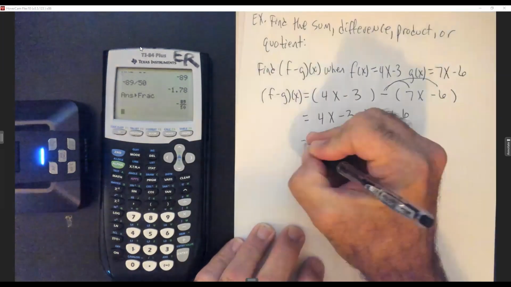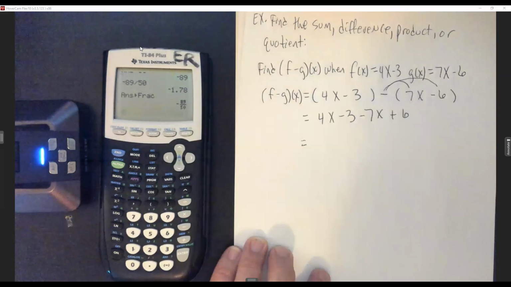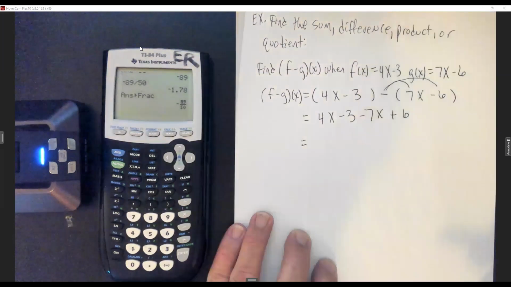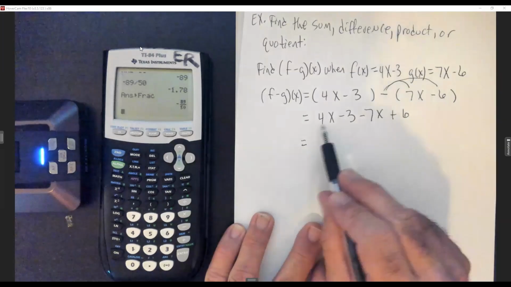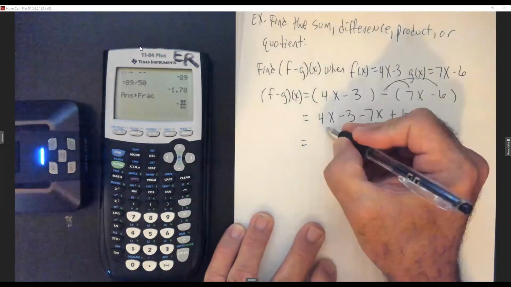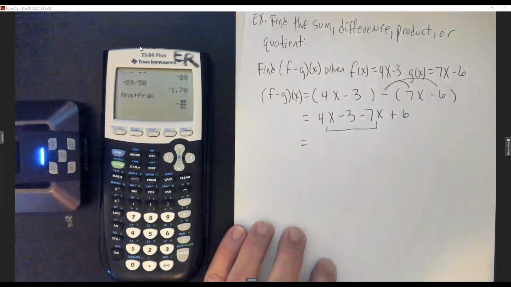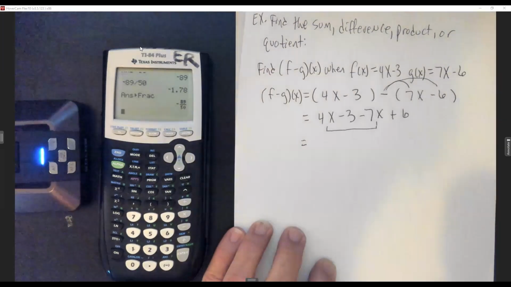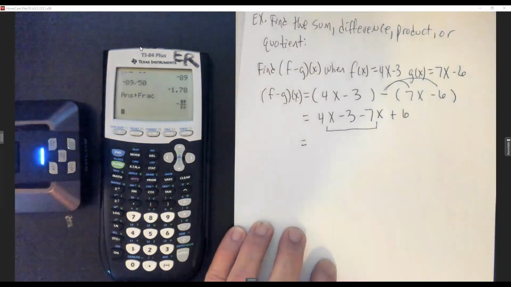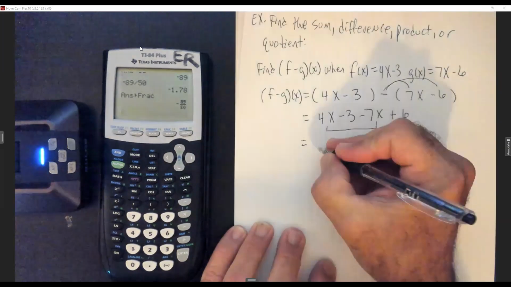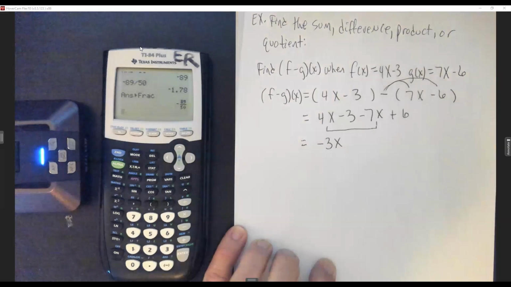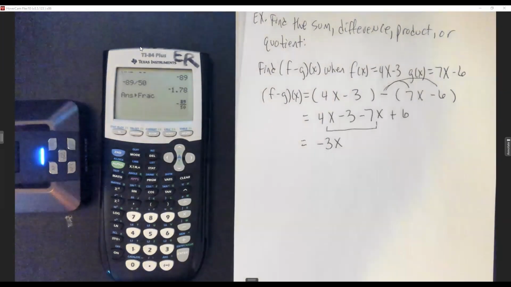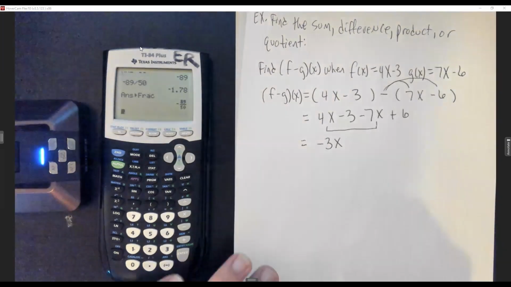Once we've gotten rid of the parentheses, we can now add like terms. So x's will add together. The question is, what's a 4x added to a negative 7x going to give me? That's going to give me a negative 3x. But then you got numbers that are like terms.